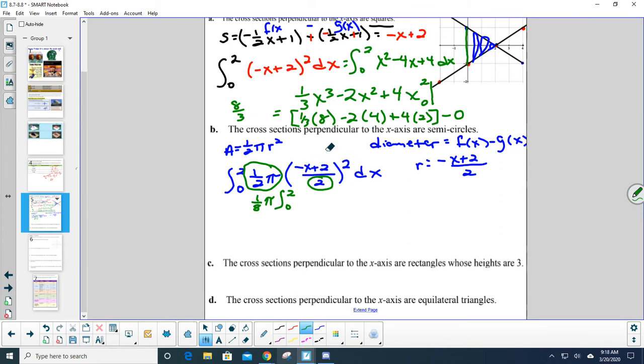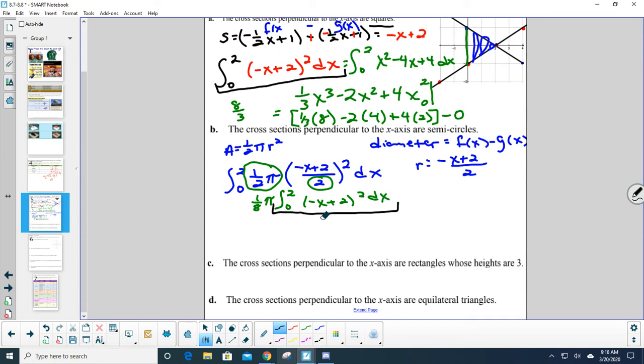Well, this is the same as that, right? So I can come in here and say negative x plus 2 squared dx. And if you'll notice, this is the same exact thing as this, and the answer we got for this one was 8/3.